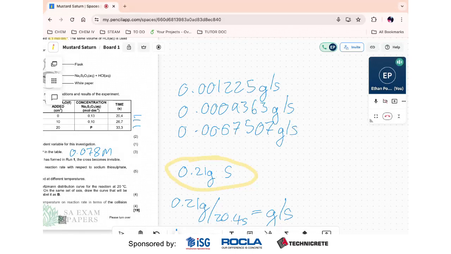And then if we take that average, so add all these up and divide by 3, we get an average rate of about 9.707 times 10 to the minus 4 grams per second. And that's our final answer.